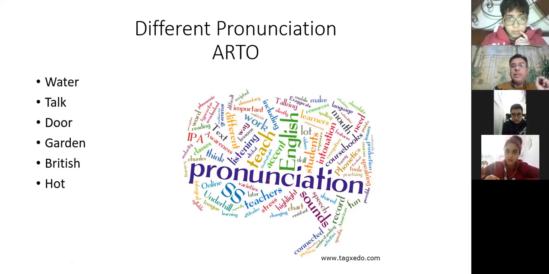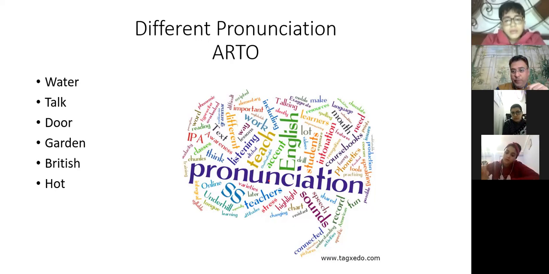The first part is the difference in pronunciation. The pronunciation differs in both accents in four letters or sounds: A, R, T, O. These four letters are different in pronunciation between American and British.